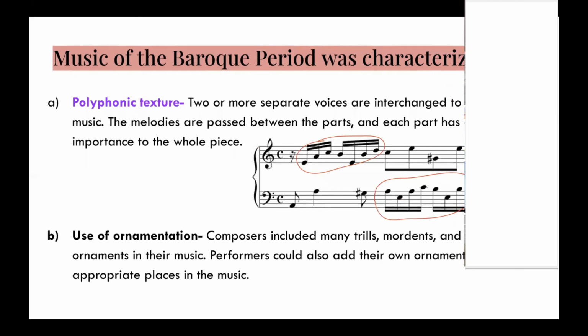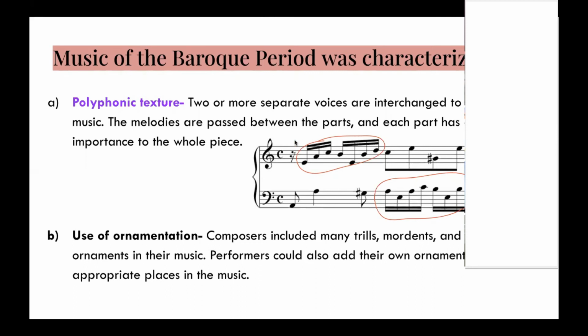Okay, so this is kind of like what to pay attention to in this history lesson. Music in the Baroque period was characterized by a polyphonic texture. That means there's basically two or more separate melodies which are interchanged to create the music. These melodies are passed between the parts, such as treble and bass, and each part has equal importance to the whole piece.